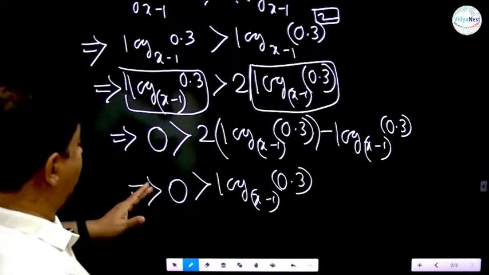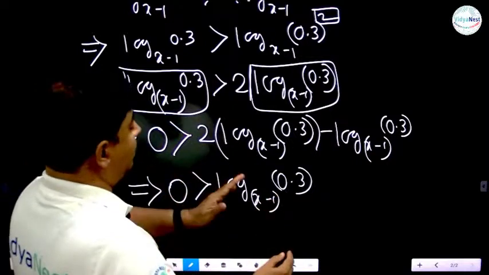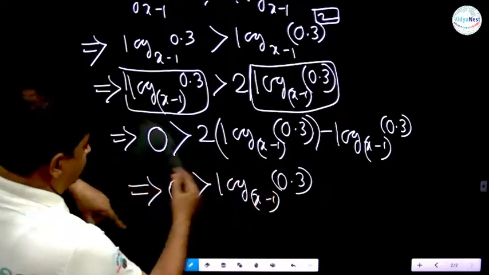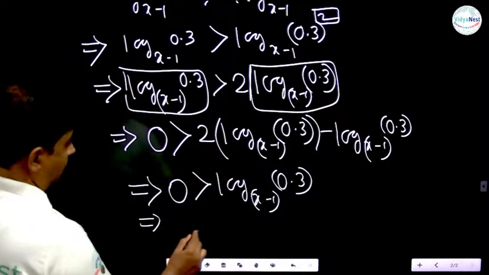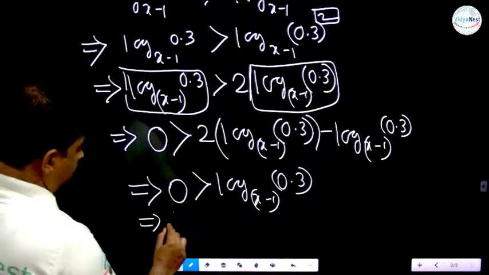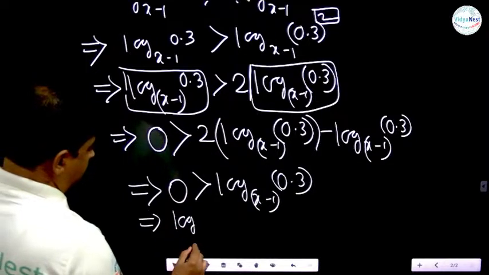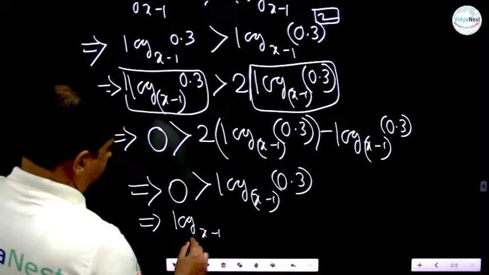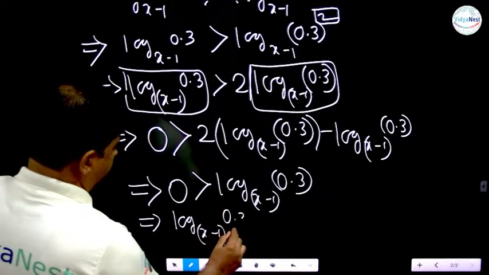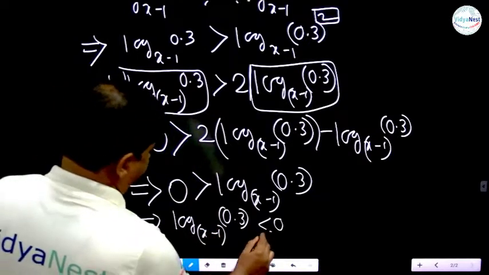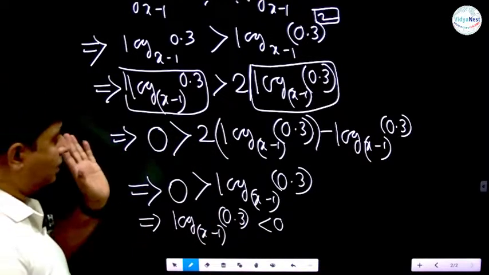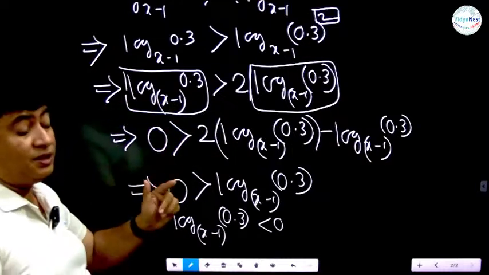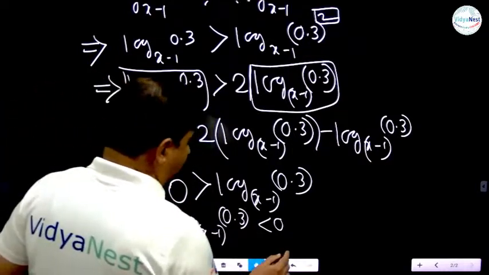After that, or 0 greater than this, it means this thing is less than 0. Now the property of log, which was discussed a few minutes back, is to be recalled again.